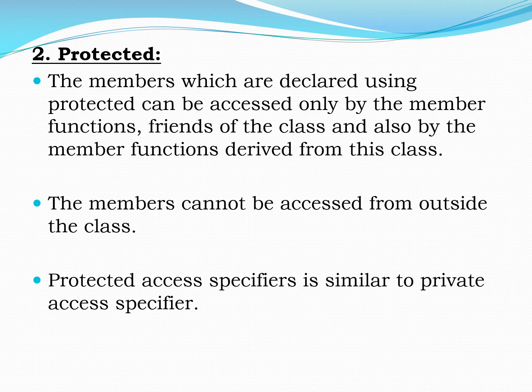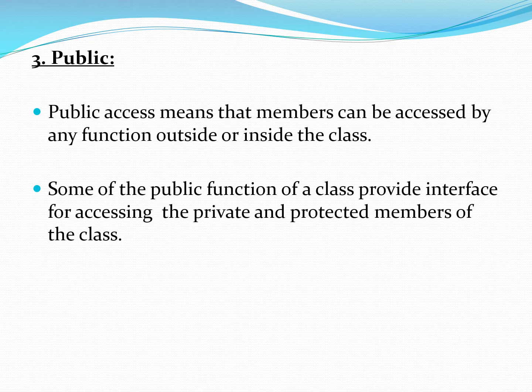The protected access specifier is similar to the private access specifier. Usually, the data members are not declared in this part. The member functions are usually declared in this part.